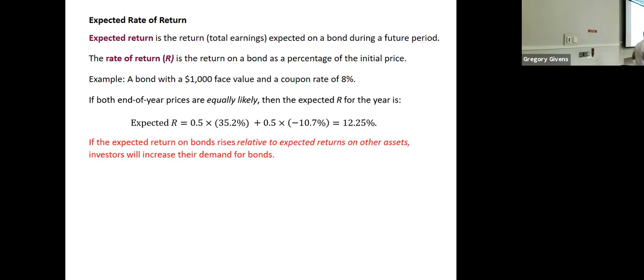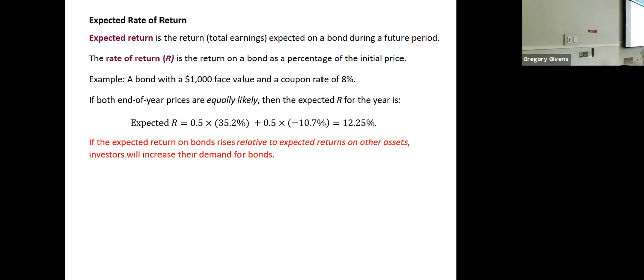Okay, the point of this is that when investors think that the expected return on bonds is going to rise relative to the expected returns on other assets like stocks or real estate, that should increase the demand for bonds, okay? So let me throw out this example.